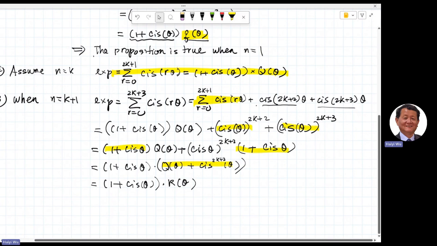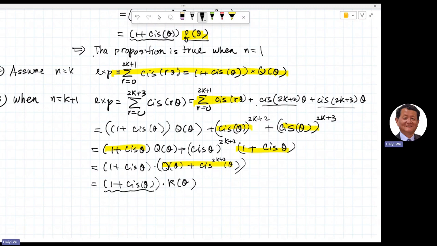So when n equals k plus 1, we can also derive that this is a factor of the expression. Therefore, when n equals k plus 1, the proposition is also true.